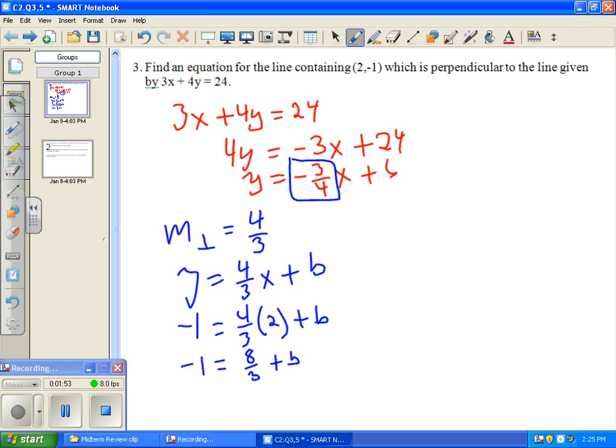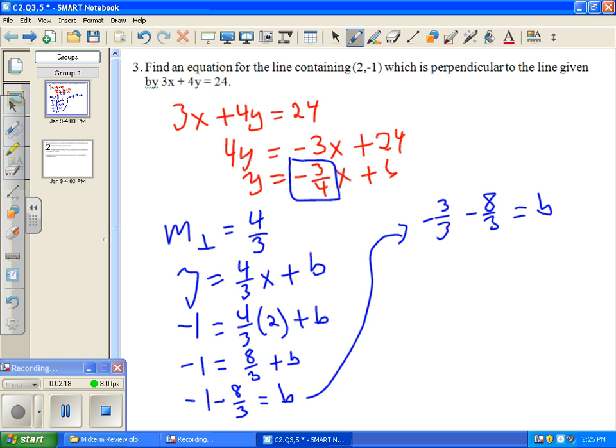Now we need to subtract 8/3 from both sides. So we get -1 minus 8/3 equals b. Let's simplify this. -1, to put it over 3, is -3/3, minus 8/3.